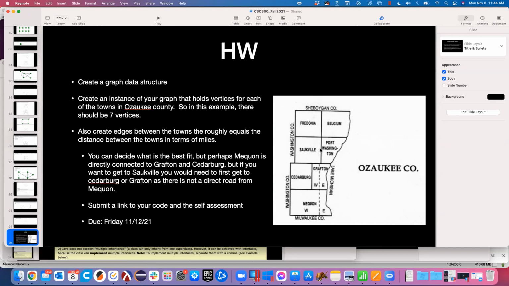But when you're looking at a Google map or a paper map, not that we look at those anymore, those roads are labeled with their name, right? So we have Port Washington Road, Interstate 43, Lakeshore Drive, so on and so forth. So we've actually labeled those edges to give meaning to the edges.